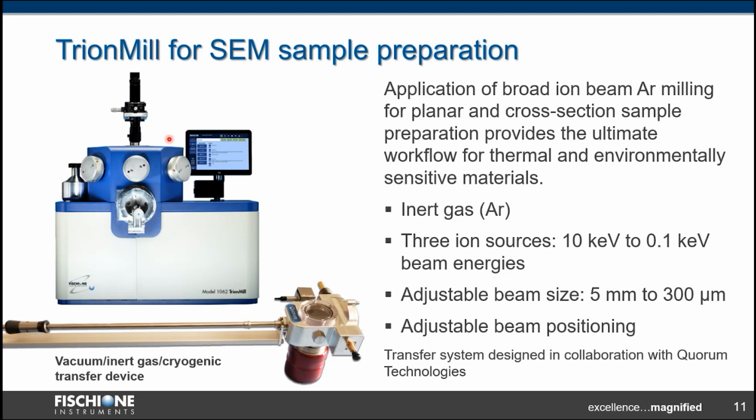TrionMill can be fitted with a Corom transfer capsule, as you can see here, allowing direct transfer from preparation to FIB SEM without passing through the glove box. The sample can be transferred under vacuum or inert gas, and can also be actively cooled using liquid nitrogen during the transfer.